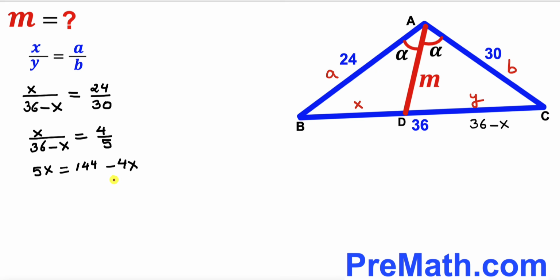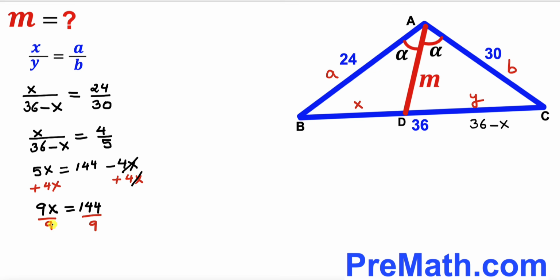And now I'm going to add 4x on both sides. And here we can see this negative 4x and 4x, they are gone. So therefore on the left hand side we get 9 times x equals 144.